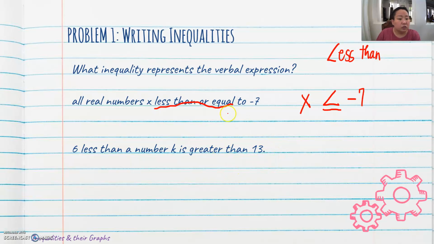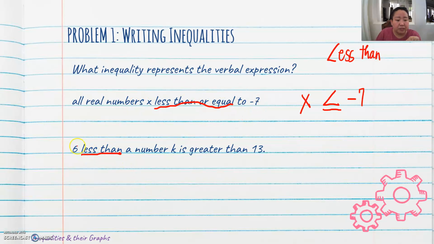In this scenario, this is an algebraic expression. 6 less than a number k. This less than, 6 less than a number k, is going to be a subtraction expression. How does it differ from the other one? X less than or equal to -7, the value of x is compared to the value of -7.